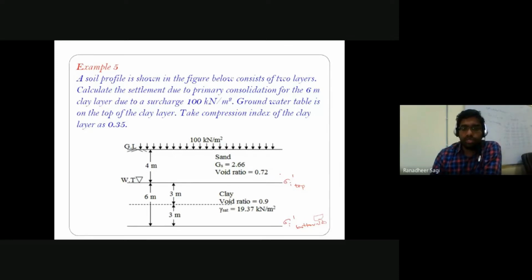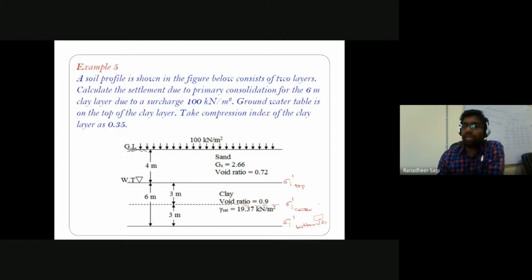In most of the literature, people calculate at the center of the clay layer. I repeat, at the center of the clay layer, we calculate the initial effective stress. So at the center of the clay layer, you are required to calculate the initial effective stress.